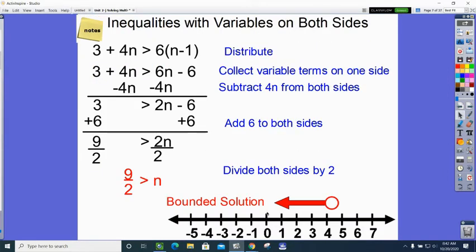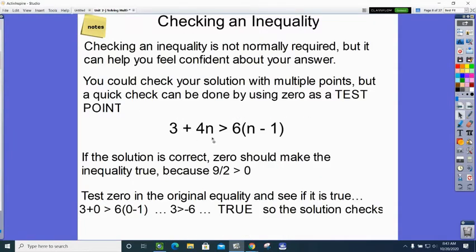So 0 should work in the original inequality. If I put 0 in here, I'll get 3 on the left. If I put 0 over here, I will get 6 times -1, and I end up with this inequality right here. Since that's true, the solution checks.